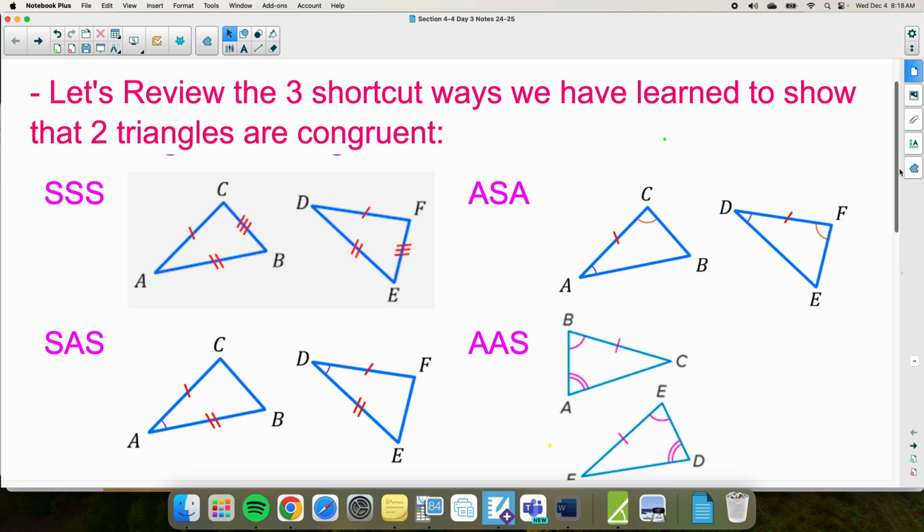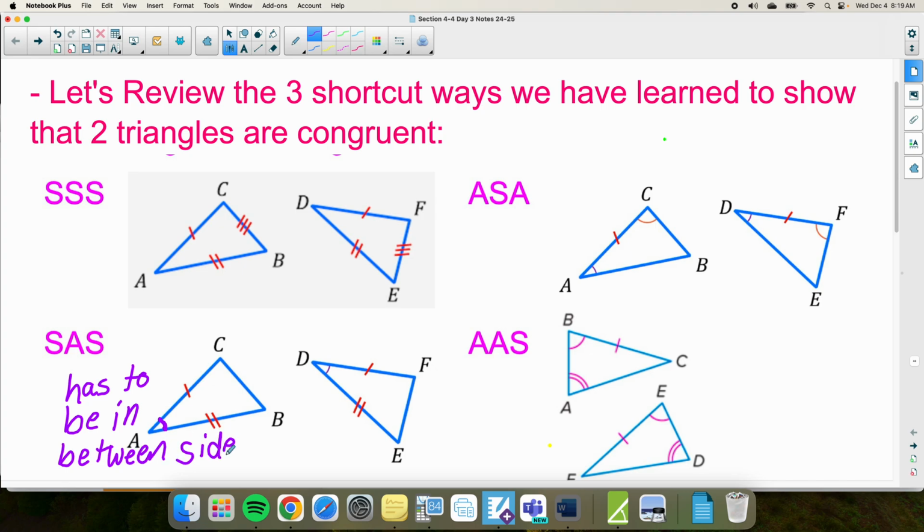All right, so first of all, I'm just going to review the different ways that you can show two triangles are congruent. The first one is side, side, side, and that's pretty obvious. The second one is side, angle, side, and the important part here is your angle has to be in between the sides. Okay, that's super important.